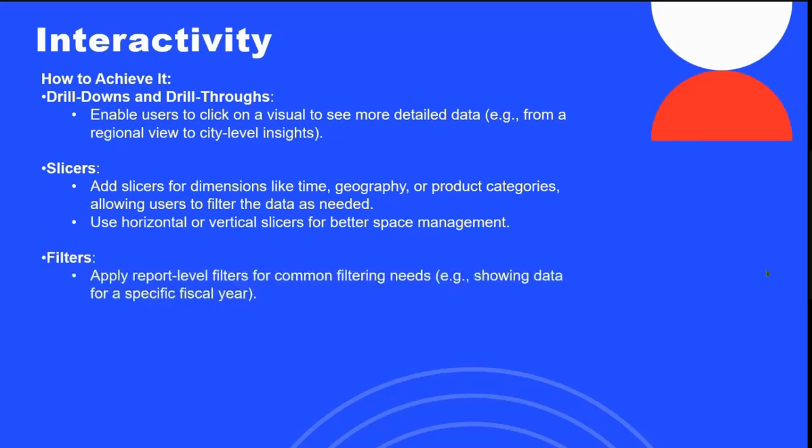There is something called filters, where you can apply report level filters for serving the common needs, right? There are different kinds of filters where you can filter a visual, where you can filter a page, where you can filter the whole report, right? These are common filters that appear within the Power BI report.